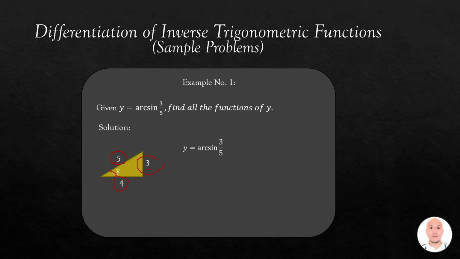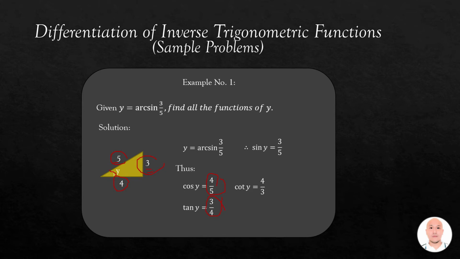Solution: y equals arc sine 3/5. Therefore, sine y equals 3/5. Thus, cosine y is equals to adjacent over hypotenuse, which is equivalent to 4/5. Then tangent y is opposite over adjacent, tangent y equals 3/4.